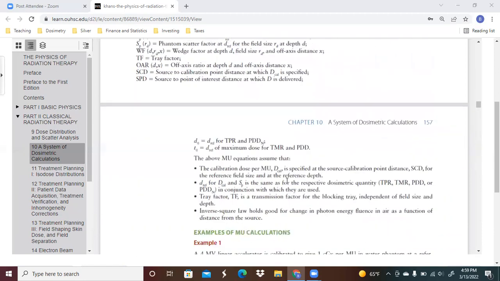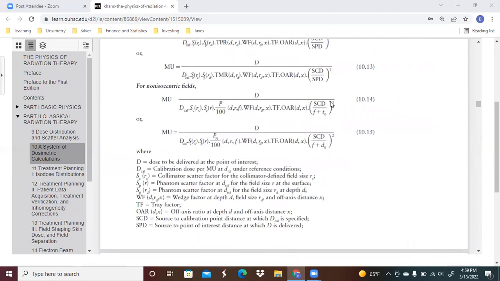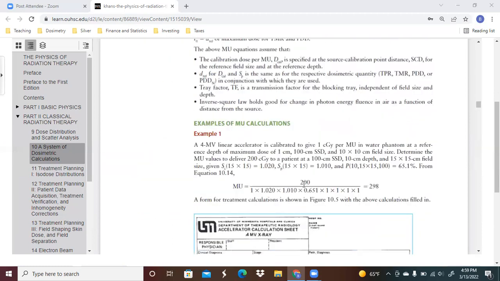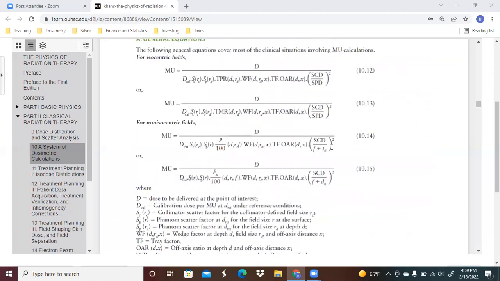Again, I really wish they would have, okay, they did define it in this case. This is equal to the depth of reference of maximum dose for TMR and PDD. Okay, finally, good, they got it. So the source to calibration distance, for a 4 MV field, the SCD is going to be 101.